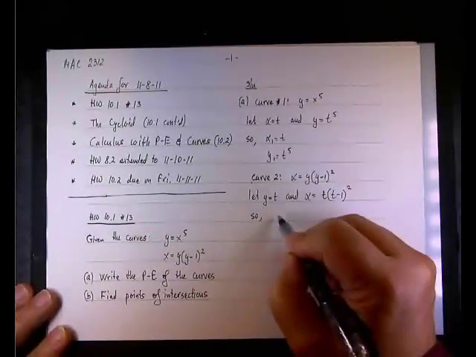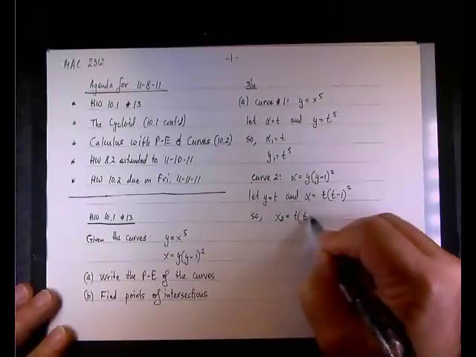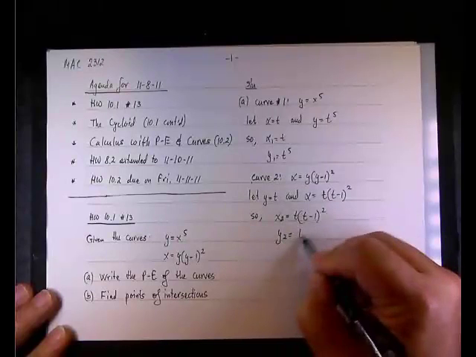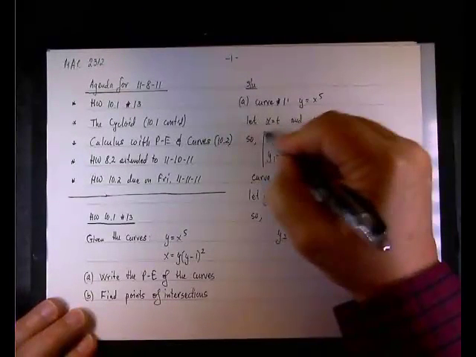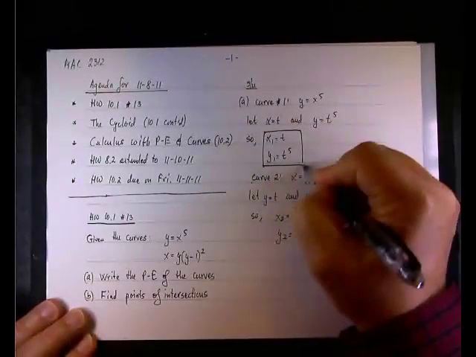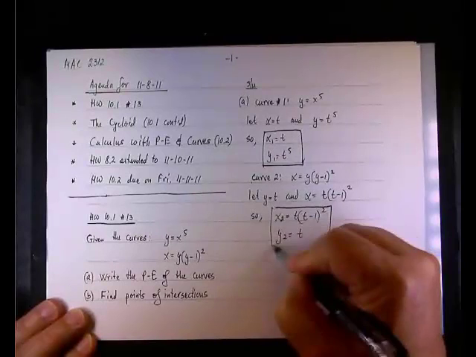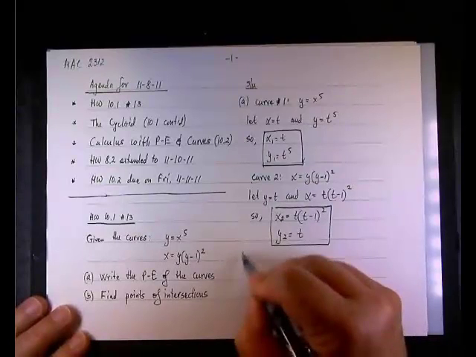Okay, so in this case, we'll have x2 equals t times t minus 1 squared, and y2 equals t. And this is the answer. We were supposed to write two sets of parametric equations, and there they are.